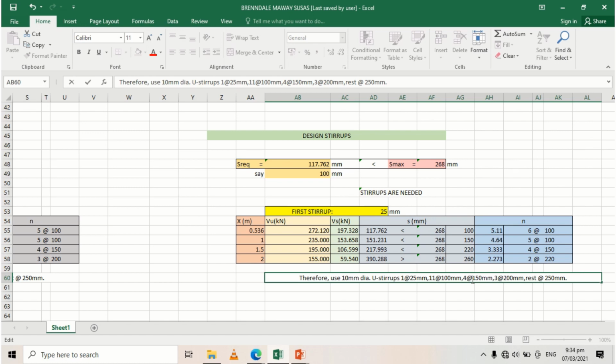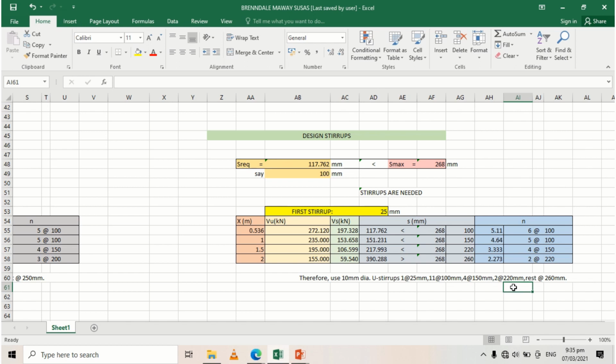Then hindi siya 200, 220 ito. Then rest at 260. So that would be the answer. That would be the detail in designing stirrup.